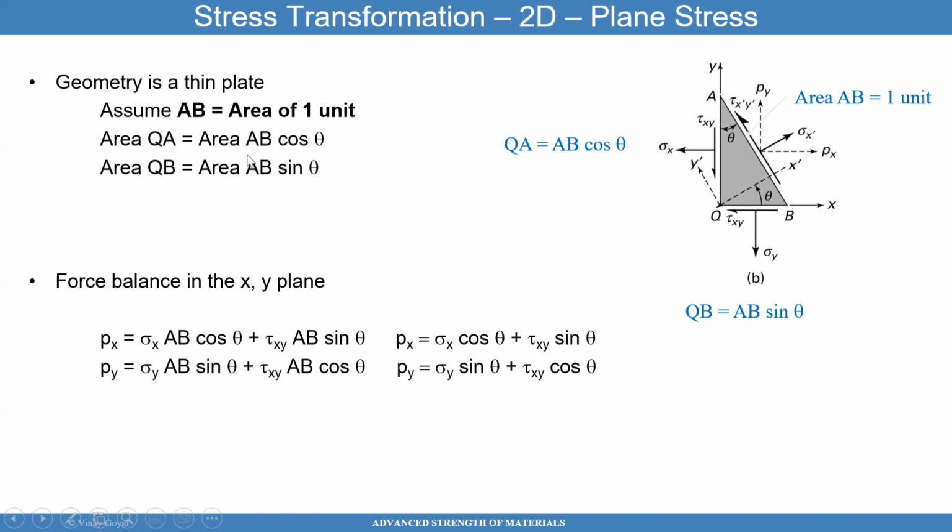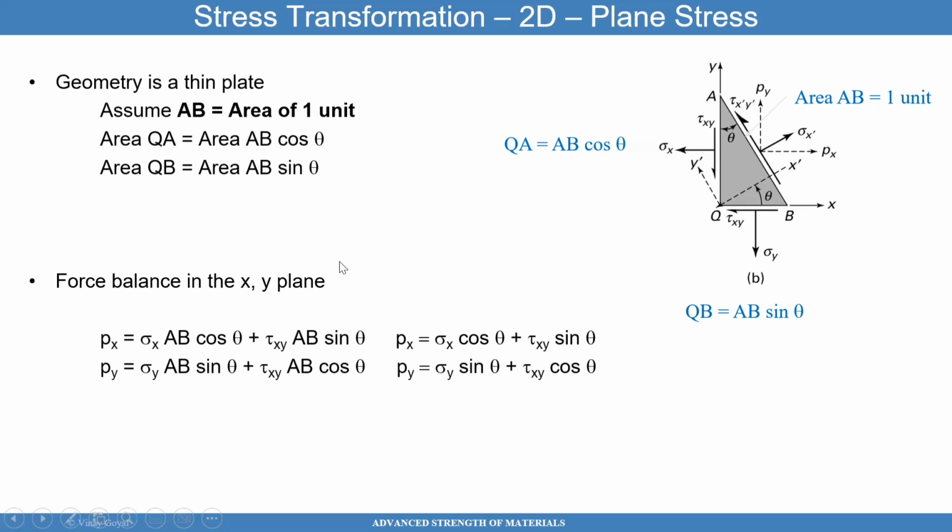So let's do a force balance in the X and Y plane. I have this Px here moving to the right. That has to be balanced by the only forces going to the left, which are tau XY and sigma XX.